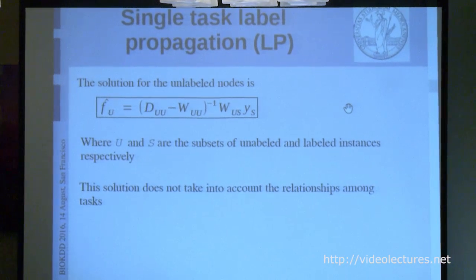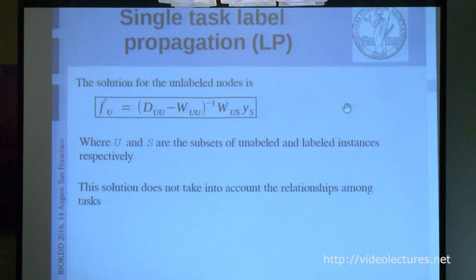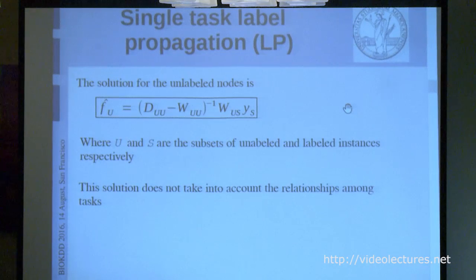In this slide, we denote by U the set of unlabeled nodes and by S the set of labeled nodes, and f_U is the subvector associated to unlabeled nodes. So that's what label propagation does.